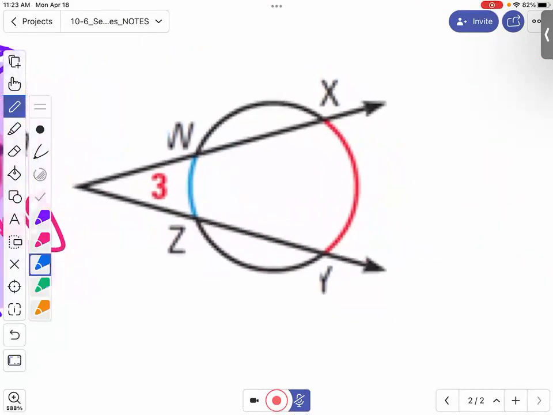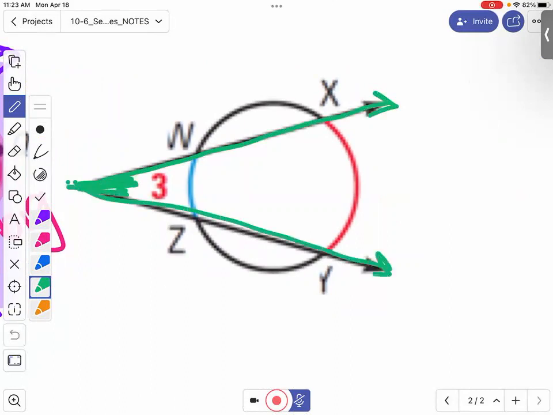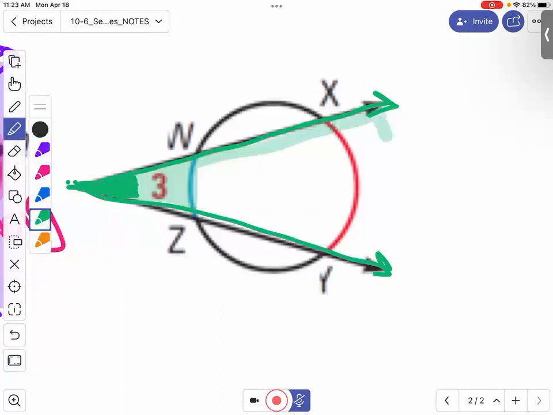Now the last one, 2 secants. So my angle is angle 3, which is still intersecting outside. The only part of the circle I can use has to be inside there.